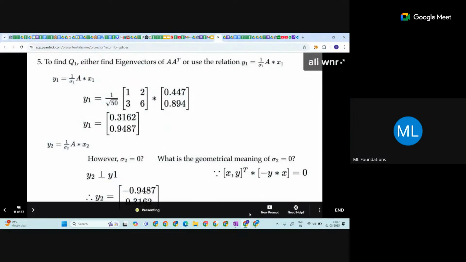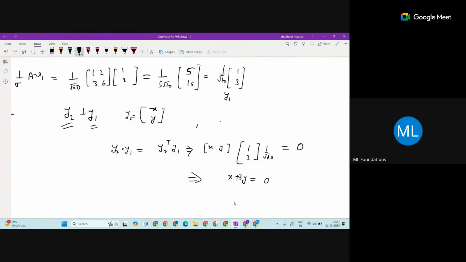Any doubt here? Generally we write a vector vertically, which is the general form. Any vector in vertical form means a column matrix. So if you are doing a dot product, I just wrote the transpose. This is matrix multiplication: if it is vertical and you transpose it, it becomes horizontal, and the second one stays vertical. And this is equal to 0.